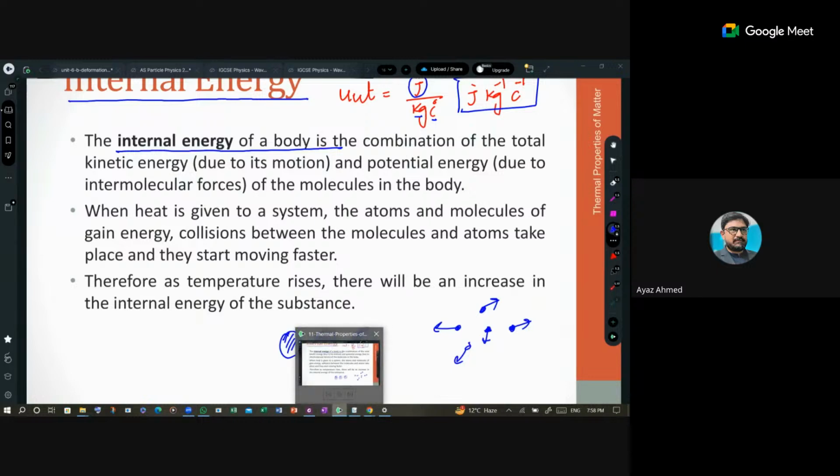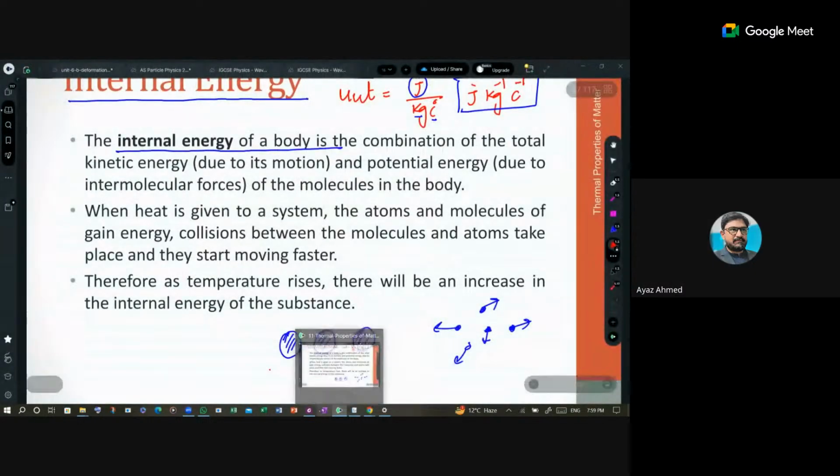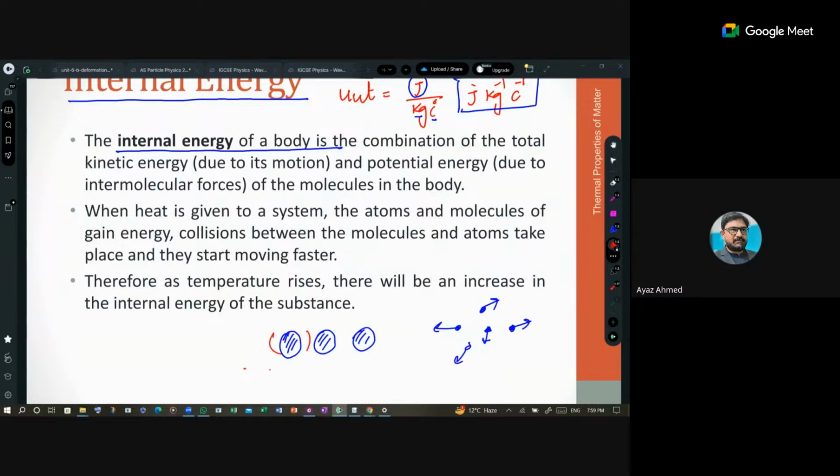So when they vibrate, they have potential energy, and when they move, they have kinetic energy.